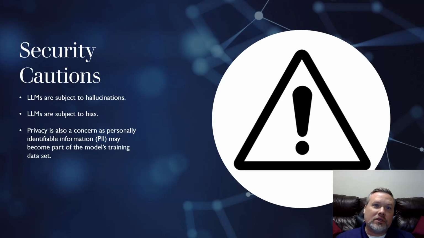And so you don't know if later on down the road you give it your name, your address, your phone number, and then it tells somebody else who's using the same AI product and reveals things about you that you don't really want revealed. So keep that in mind. Make sure that your private information does stay private.